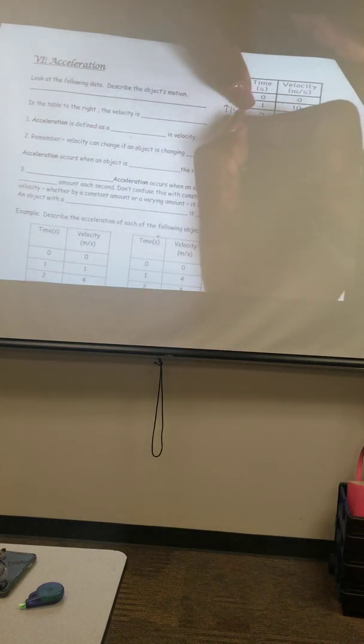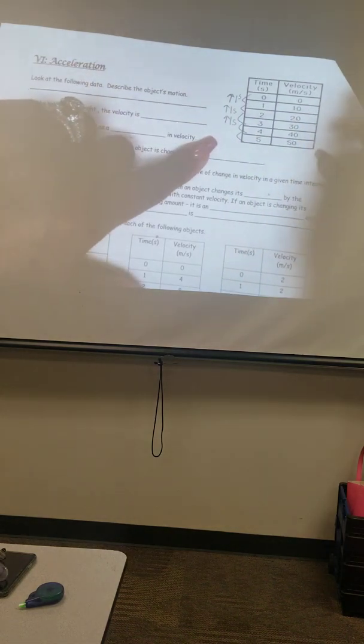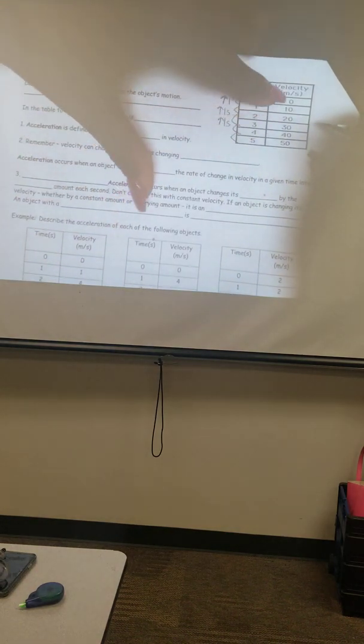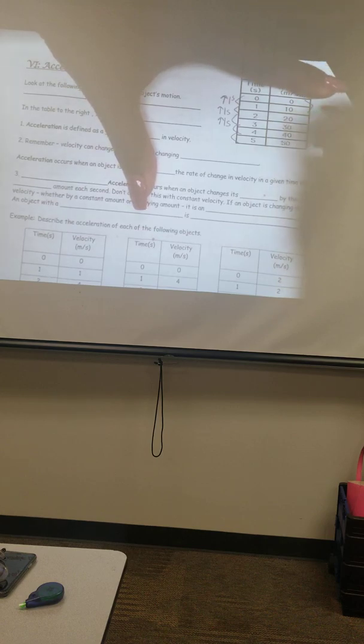The next one, increased by 1 second. And it continues. When I look over here on this side, I can see from 0 to 10, my velocity increases by 10 meters per second. From 10 to 20, it increases by 10 meters per second. 20 to 30, it increases by 10 meters per second.